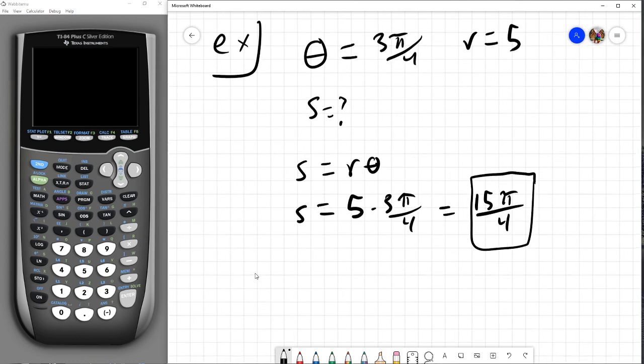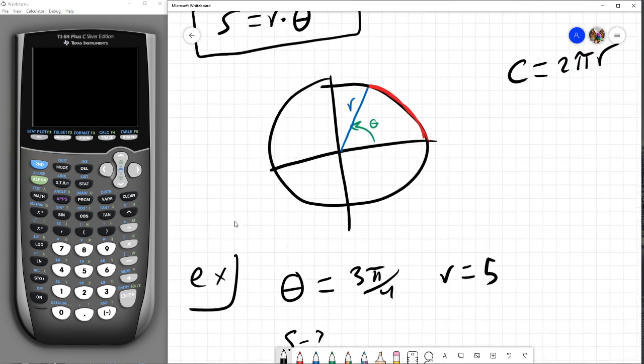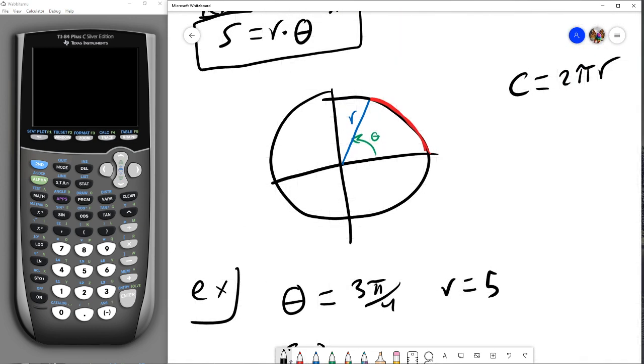Now, we do have a new question. If we come back to our circle here, there's a new question we can ask. So if we're going to highlight this, this area here in orange is called a circular sector.